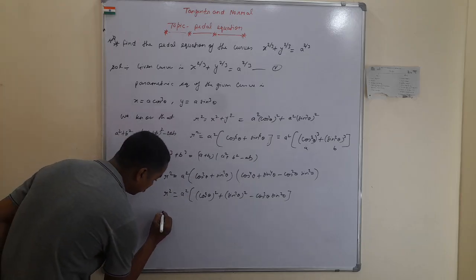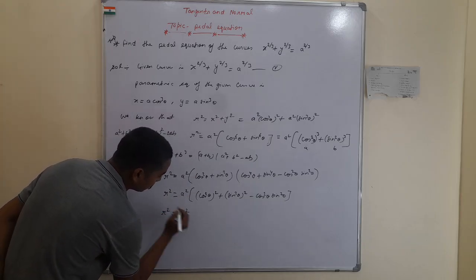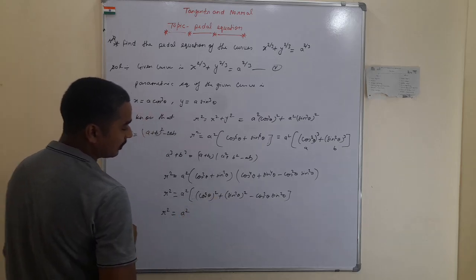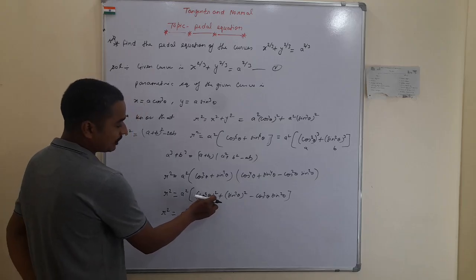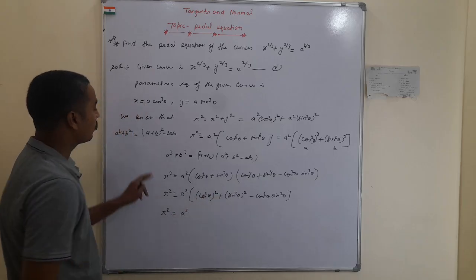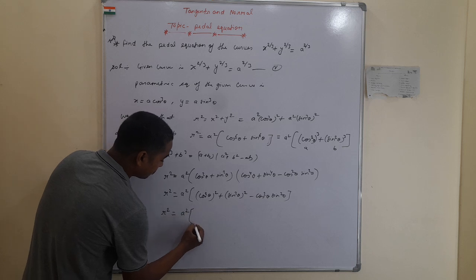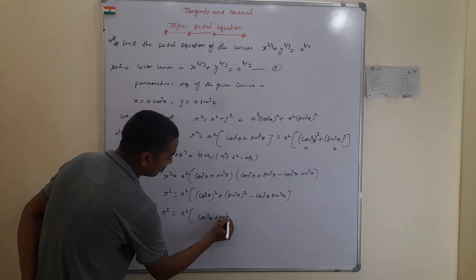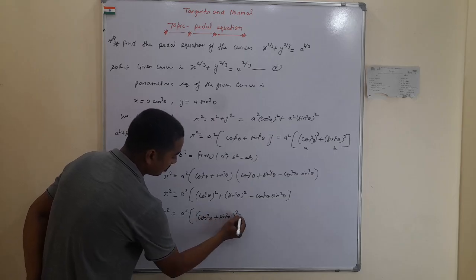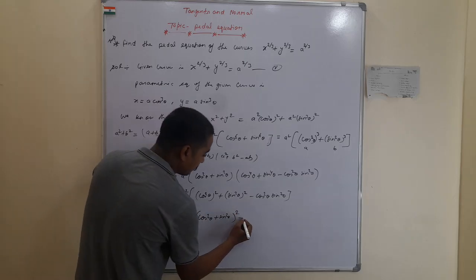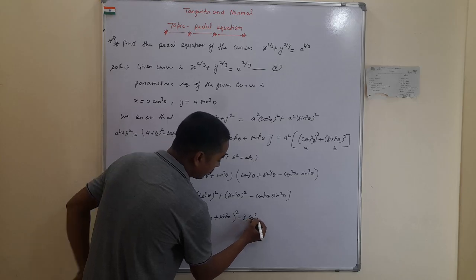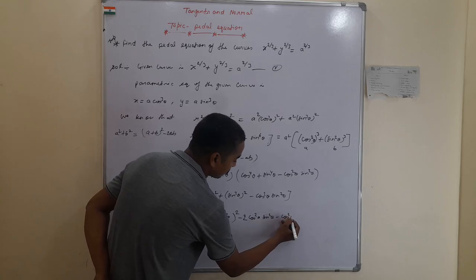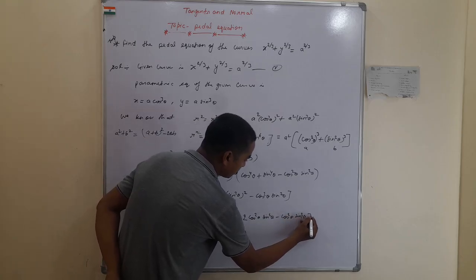So expanding here, r square is equal to a square, and here cos square theta plus sin square theta is also 1. Cos square theta whole square plus sin square theta whole square, expanding, we get cos square theta plus sin square theta whole square minus 2 cos square theta into sin square theta, and minus cos square theta into sin square theta is already present here.